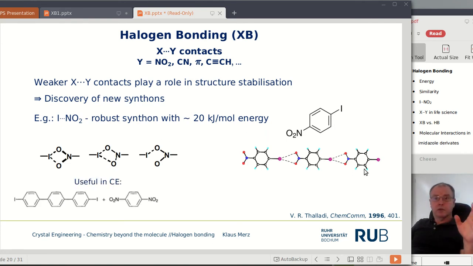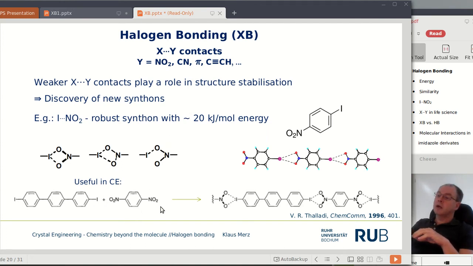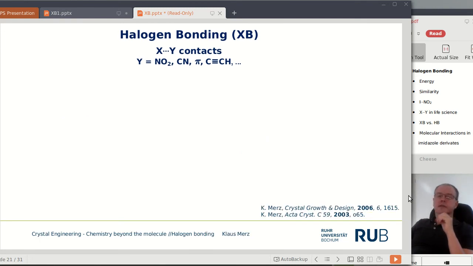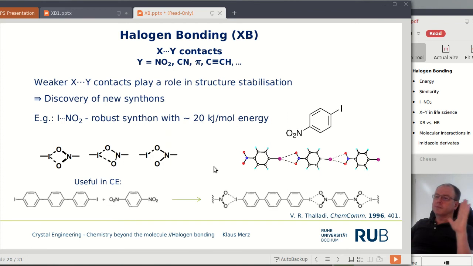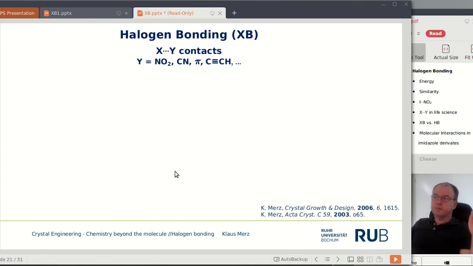And you can use it not only in this case. For example, in this case here, we have 3 aromatic backbones, 2 iodine, and this is dinitrobenzene. And once again, you will see this very nice chain. Okay? Good. This is nice. It seems it's very useful.